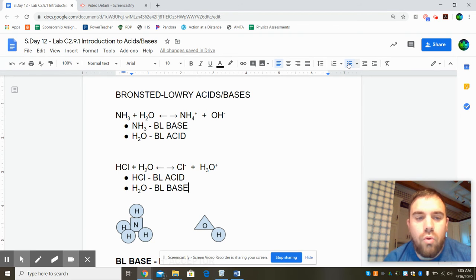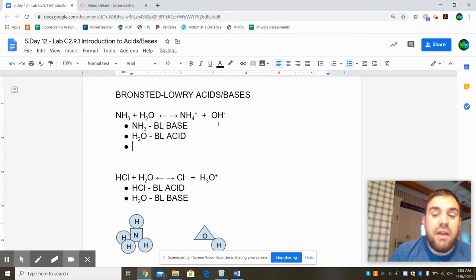And so we have both reactants acting as an acid or a base, depending on what you need it to do. And so one last thing about this is, because these reactions are reversible, it's also good to identify the acid and bases on the other side in terms of Bronsted-Lowry definition as well.